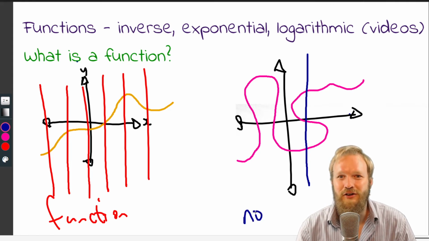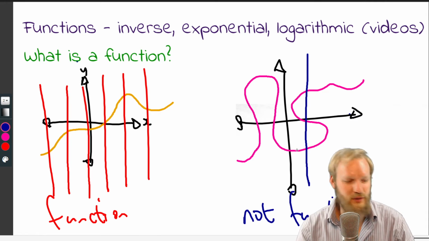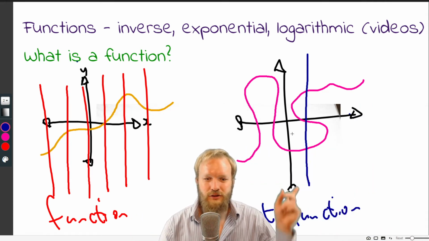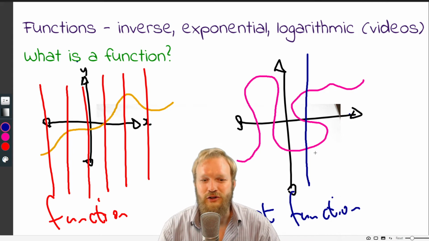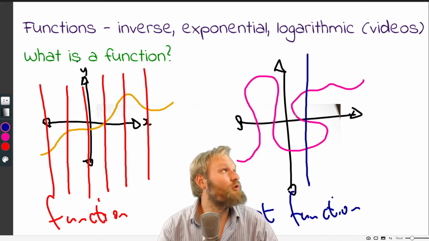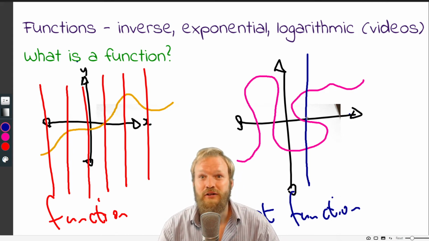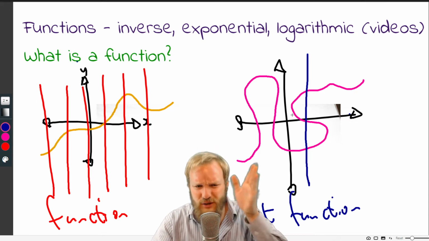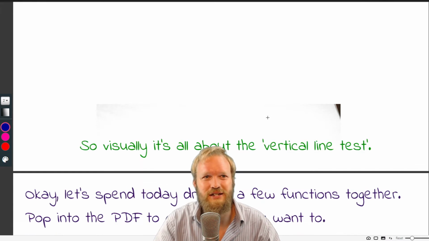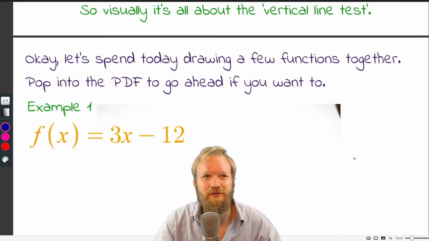There's some point on this one where we can draw our vertical line for the x value, and there are multiple y values. Okay, so that's our quick thing, the vertical line test. We're going to keep revisiting that as the section goes. So visually, it's all about the vertical line.